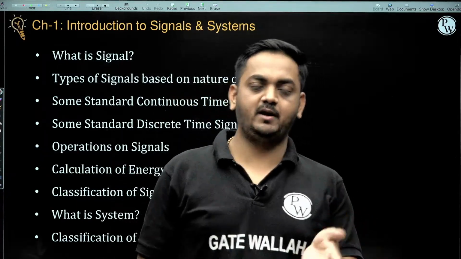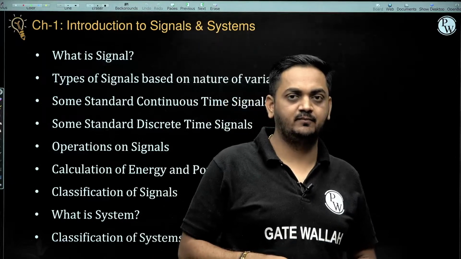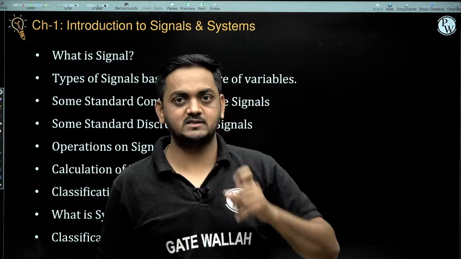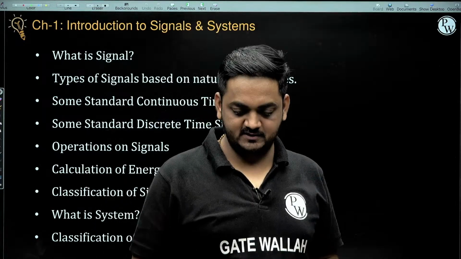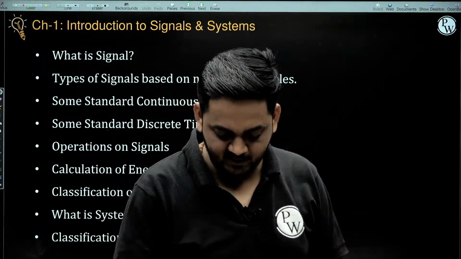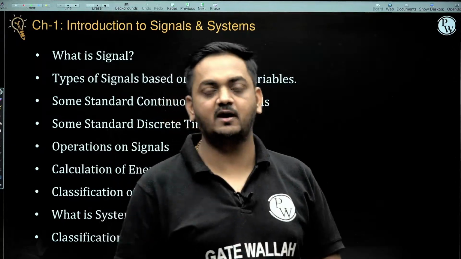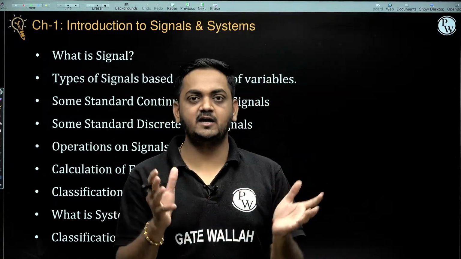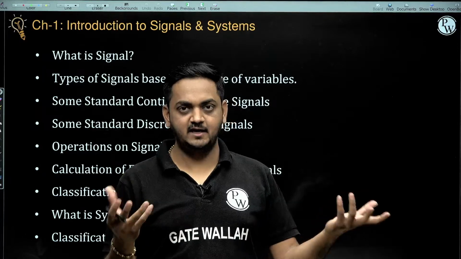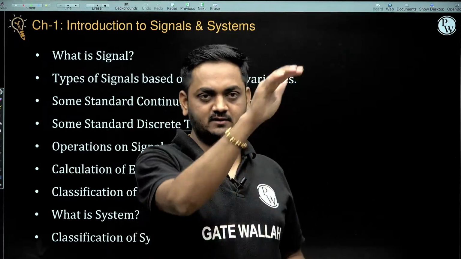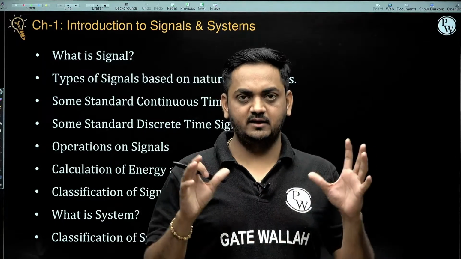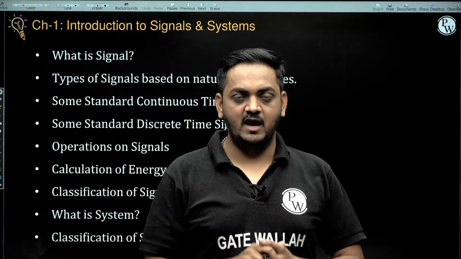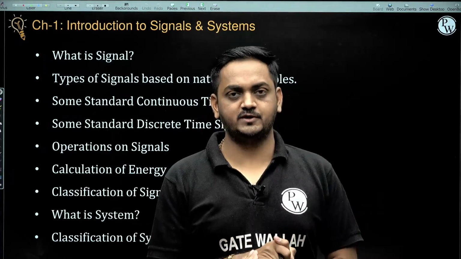In a very simple manner, I am going to start this subject and we will go up to the advanced level. Okay, yes, you are right, you people are right. So it is an indication. Signal is an indication, yes or no? This action is one kind of indication. Signal is an indication having some amount of information.